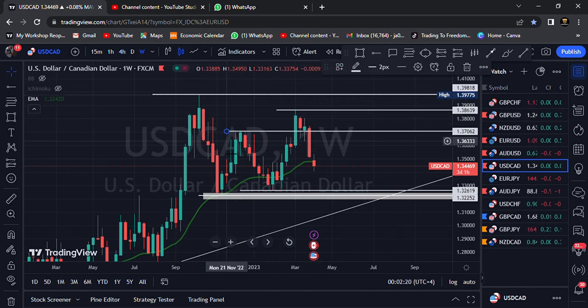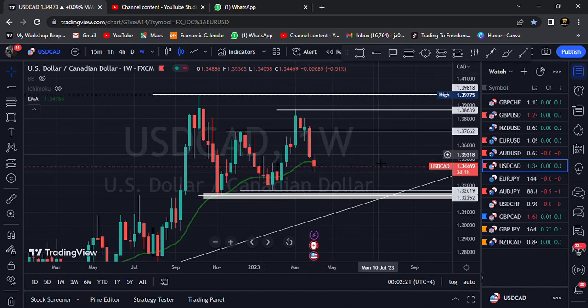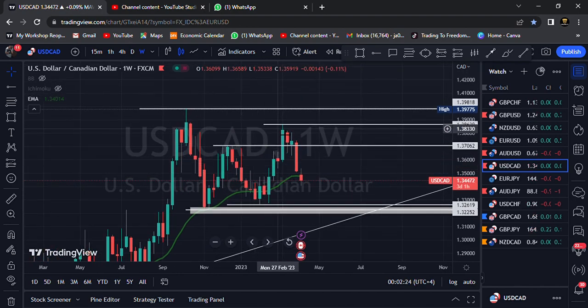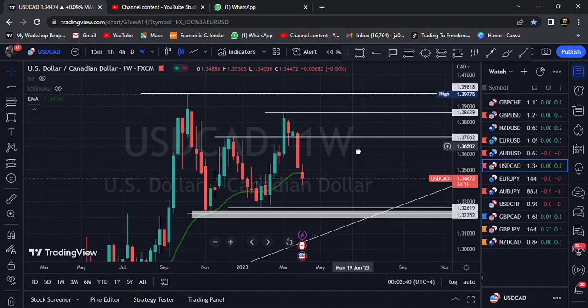If we consider this a double bottom, then this is a neckline. It broke already but didn't go up, so it's coming back again, which is not usual when the market forms a double bottom. Usually it will just break and go up straight. So it's coming back really hard.